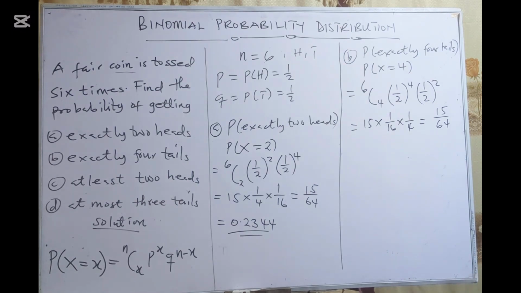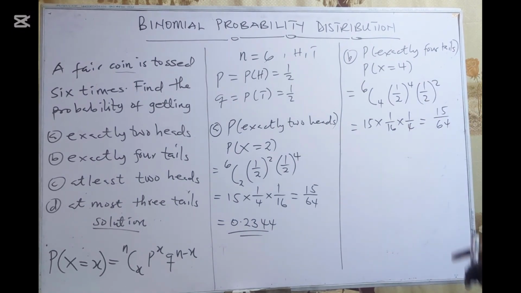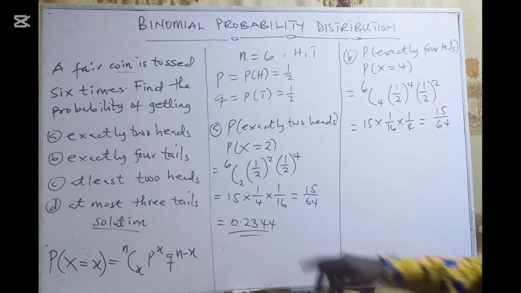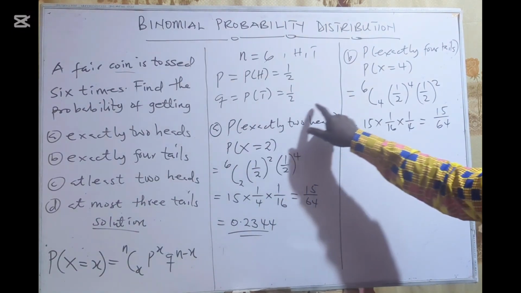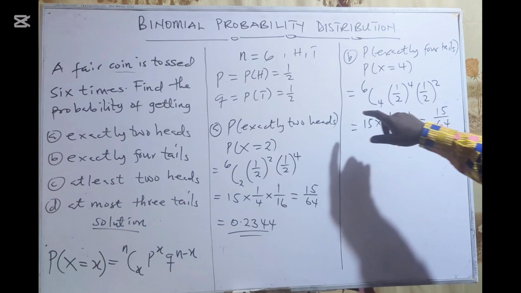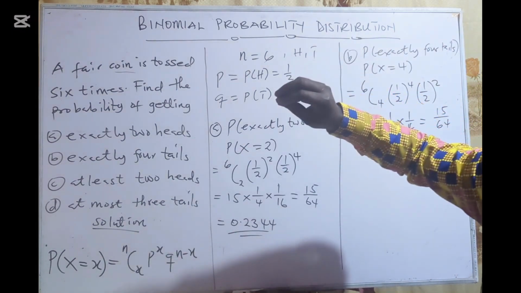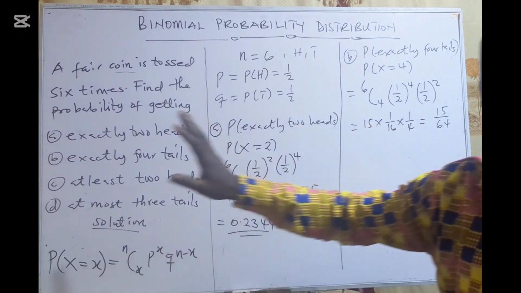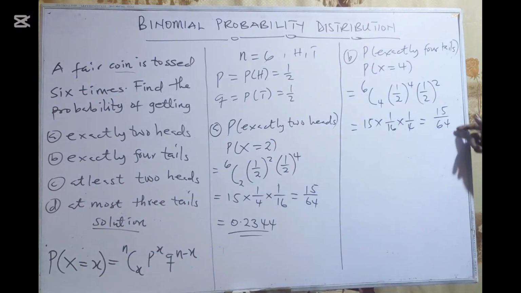That will be 0.2344. So if you are going to have exactly 4 tails, then this is what we are going to have. The reason why this is the same as exactly 2 heads is because if I'm tossing 6 times, and if I have exactly 2 heads, then the rest will be 4 tails. That is why we are having the same probability.